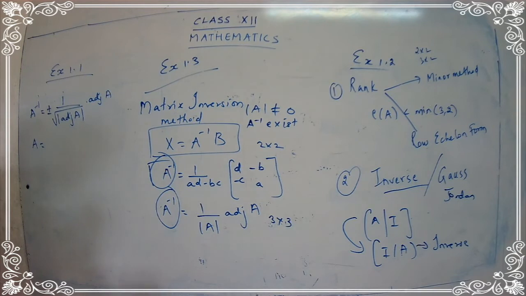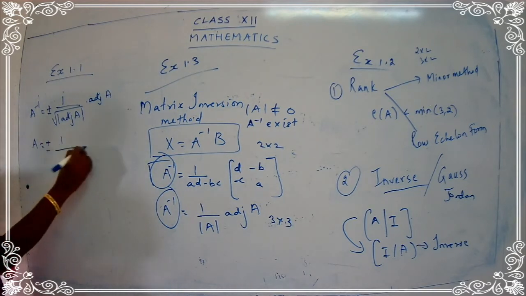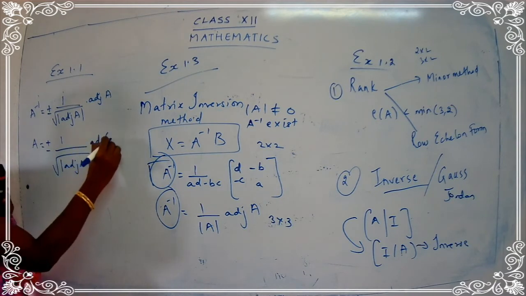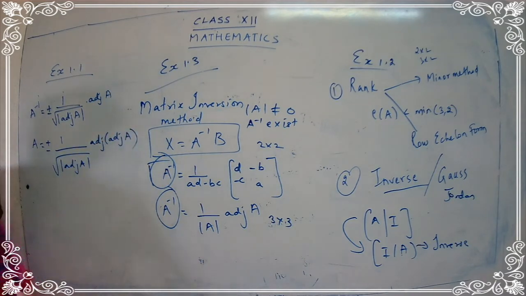A is equal to plus minus 1 upon root of determinant of adjoint A, into adjoint of adjoint A. Okay, this was one thing. And then what else do we have? Okay, so these two were there.